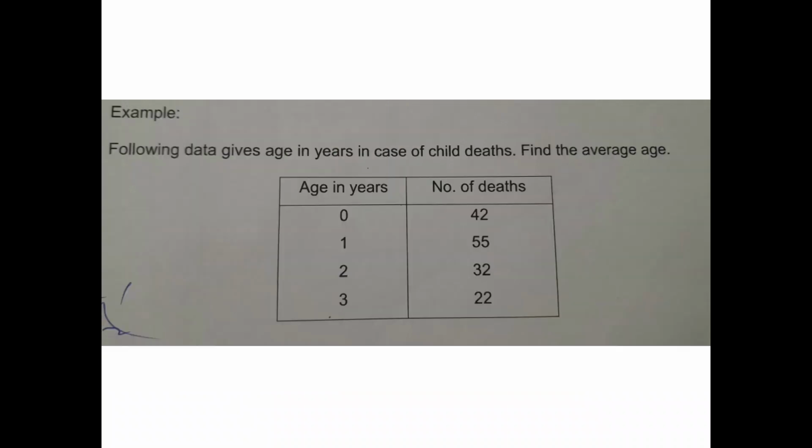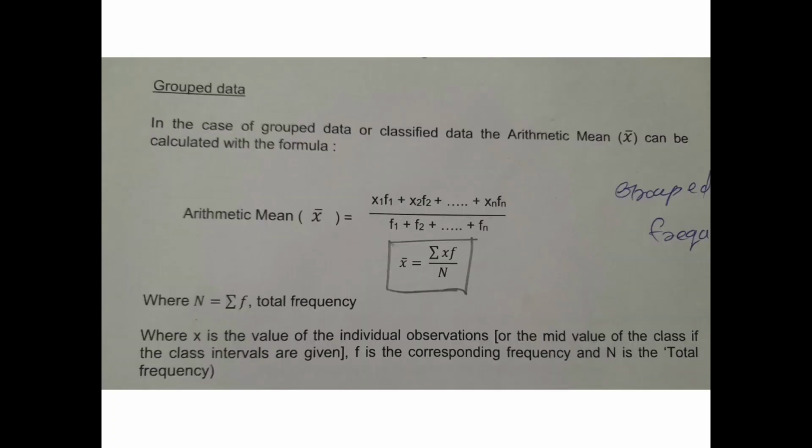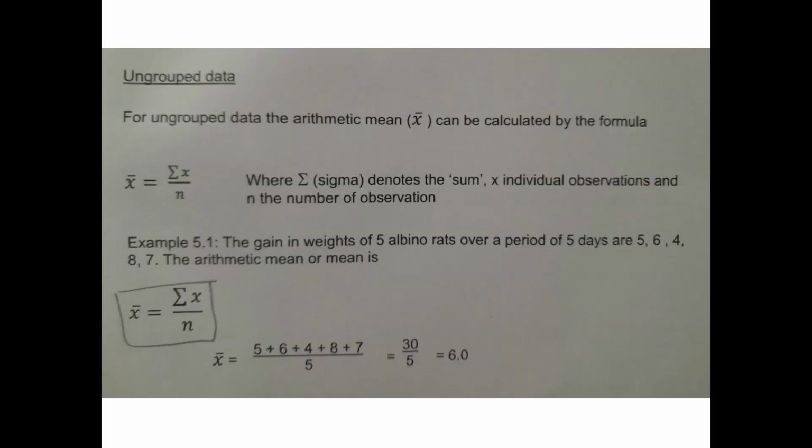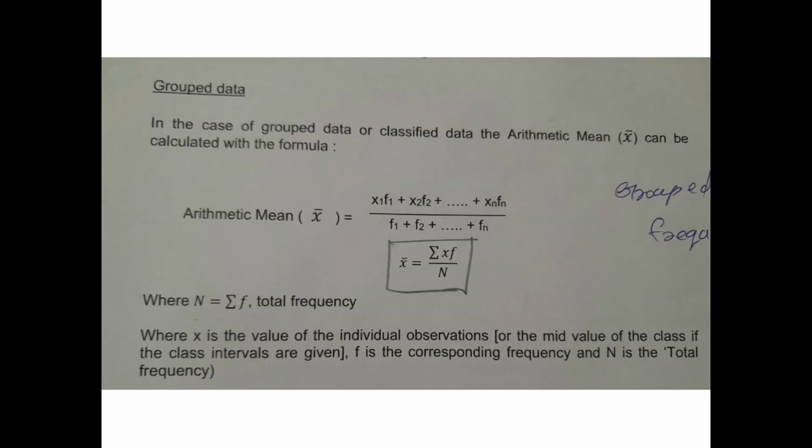We have to multiply these two values, then take the sum of these. Here the formula is x bar is equal to sigma xf divided by capital N, whereas in the previous ungrouped data, x bar is equal to sigma x by small n. Here capital N is equal to sigma f, that is the total frequency.